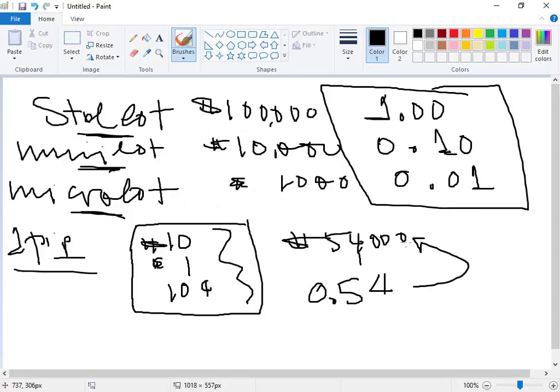If I wanted to do a $127,000 transaction, I would have 1 for my 100,000, dot, 2 for my 20,000, 7 for my 7 micro lots. So there's my $127,000 execution. Okay, so you're using these entry points to identify the size of the position that you're looking to trade. Remember, 1 pip, give or take, is $10 on a standard, $1 on a mini, 10 cents on a micro.